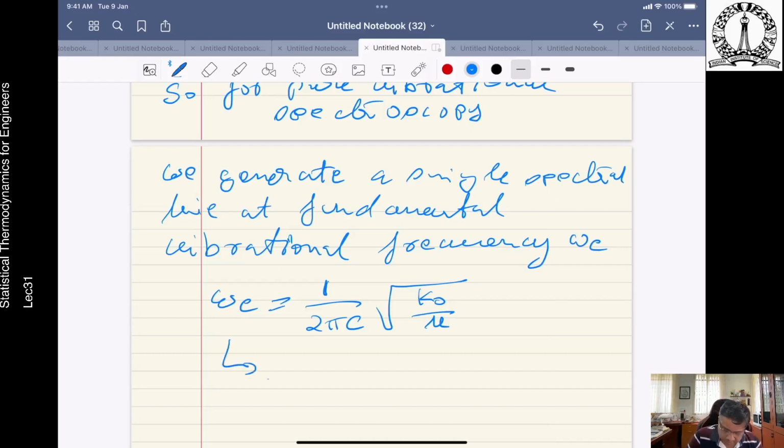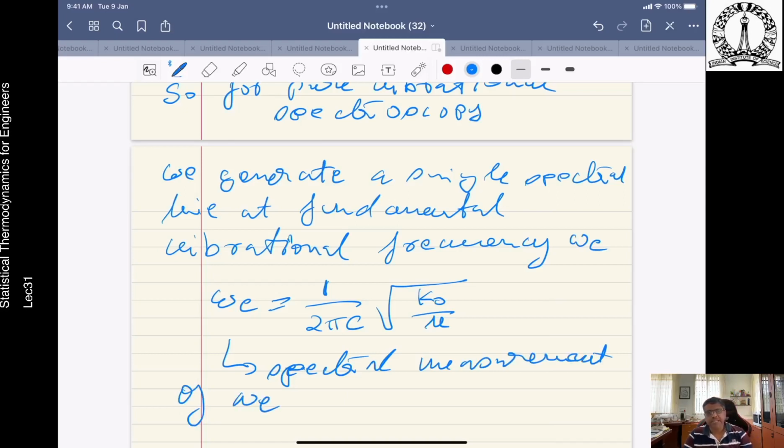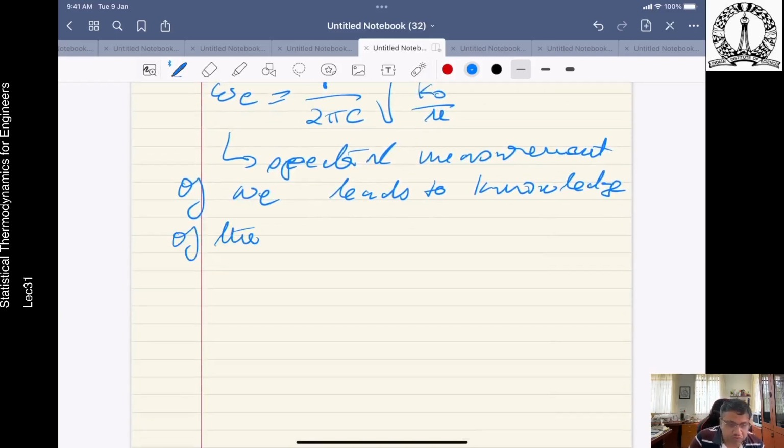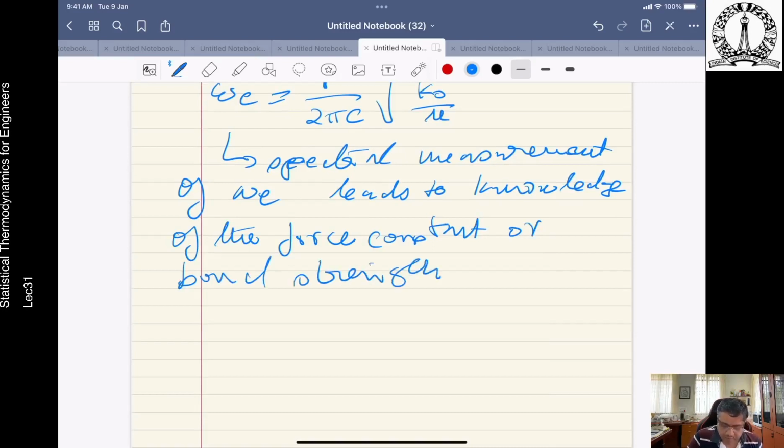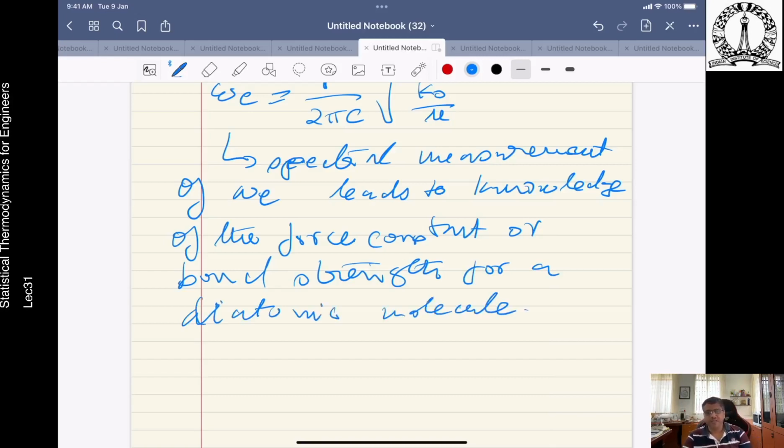So the spectral measurement of omega E, or the fundamental vibrational wavelength, leads to knowledge of the force constant or bond strength for a diatomic molecule.